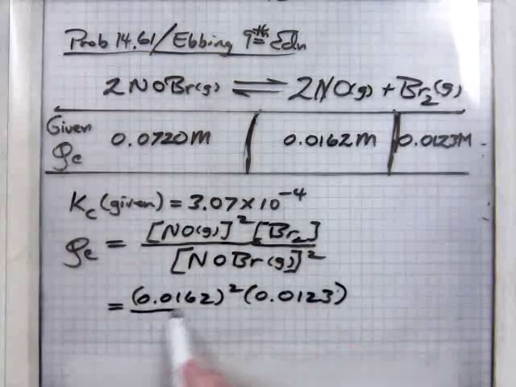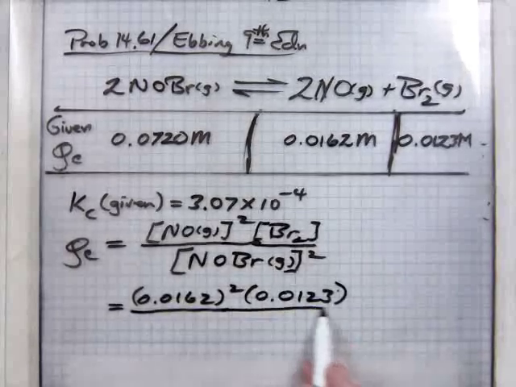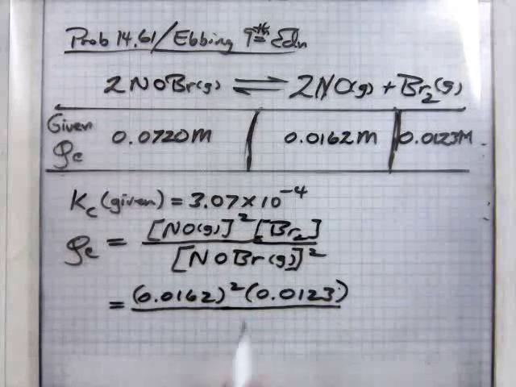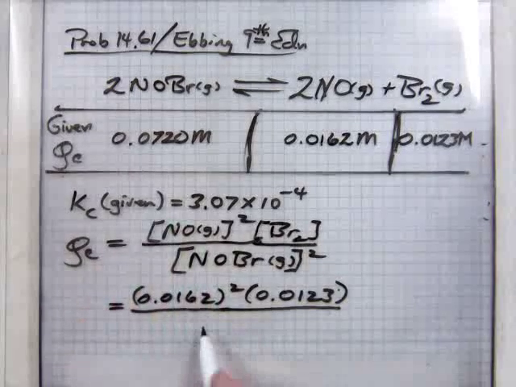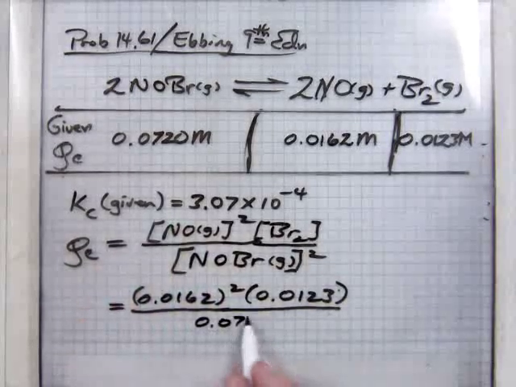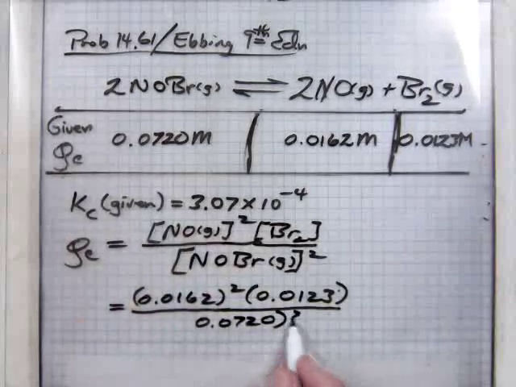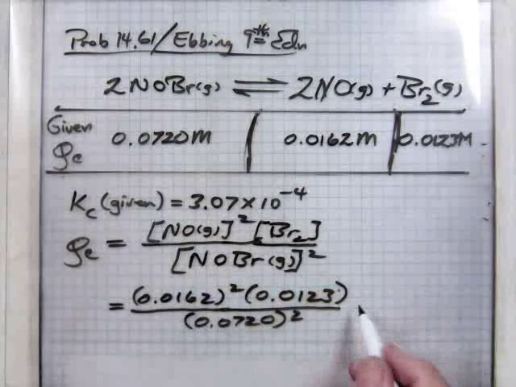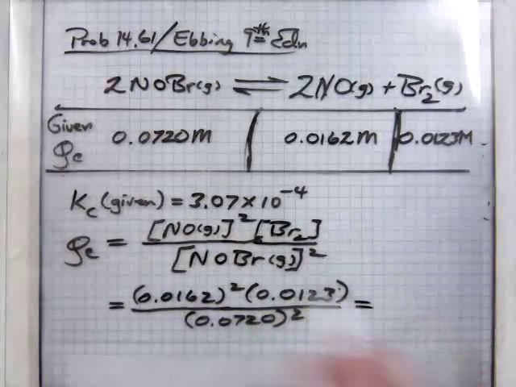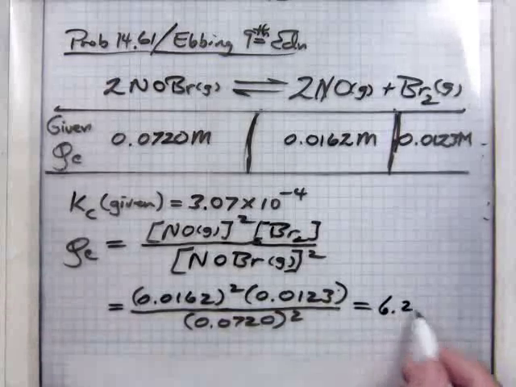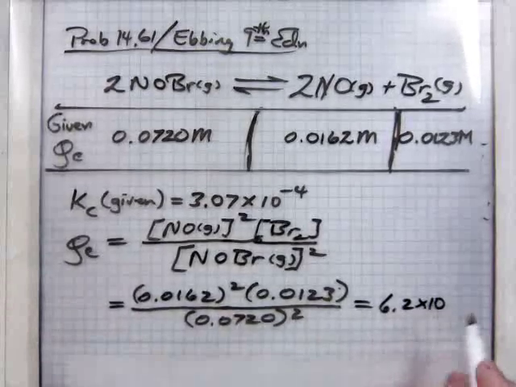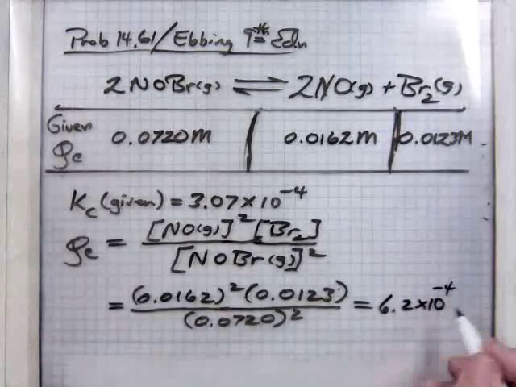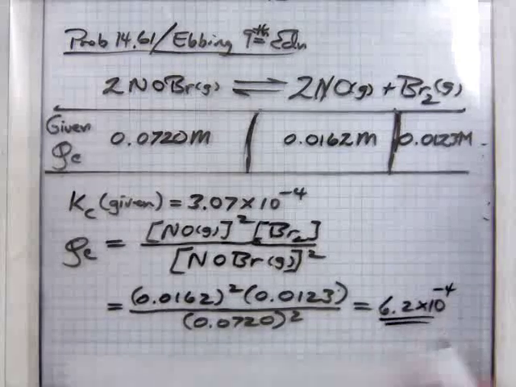We dropped the units because we're just looking for the magnitude number, and 0.0720, and that one is also squared per the expression, and it turns out this is, I just did it, 6.2 times 10 to the minus 4. Now that's your QC value.